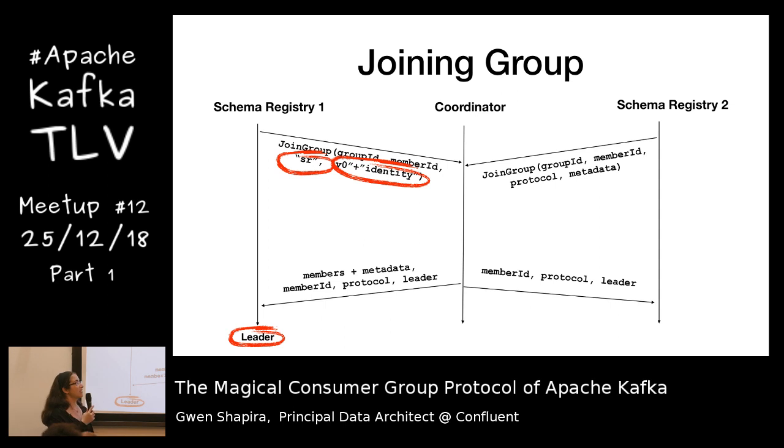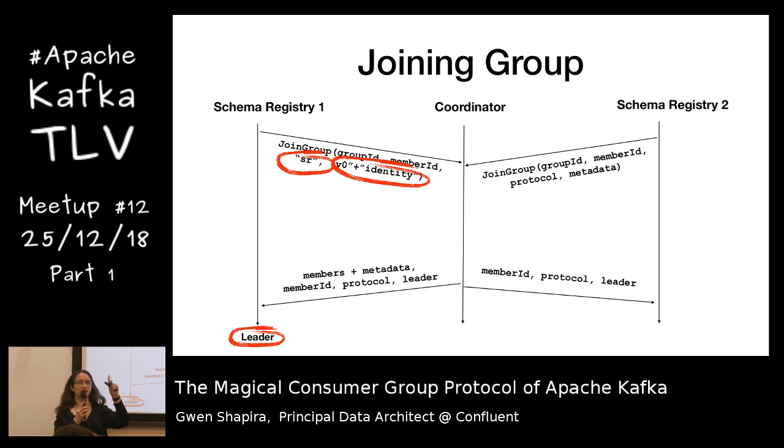So everyone basically sends in which version of the protocol you're using, which is 0, and more importantly, they send their own identity. They basically all register as candidates to become a leader. The identity is basically the URL that they're listening on. So I'm on this IP, this port, this is my identity.